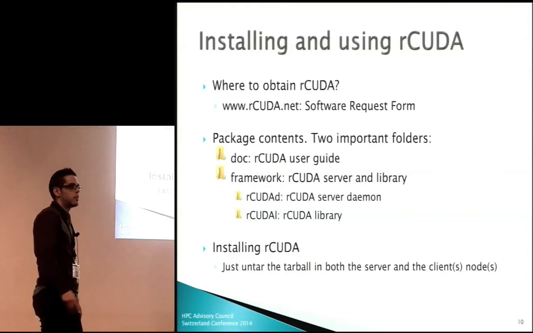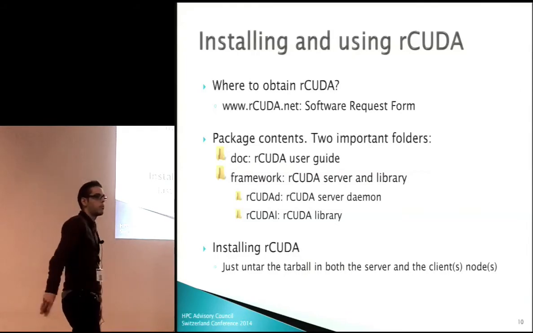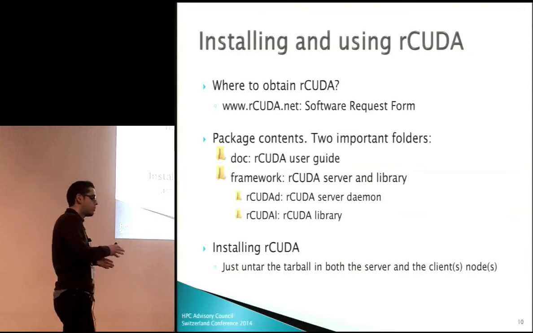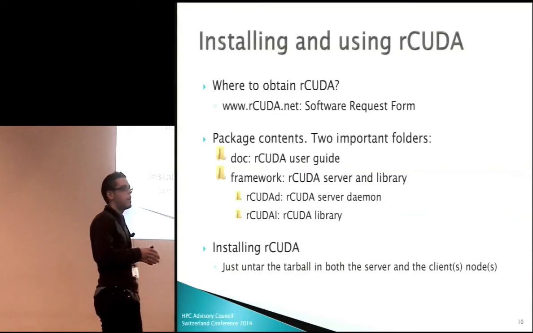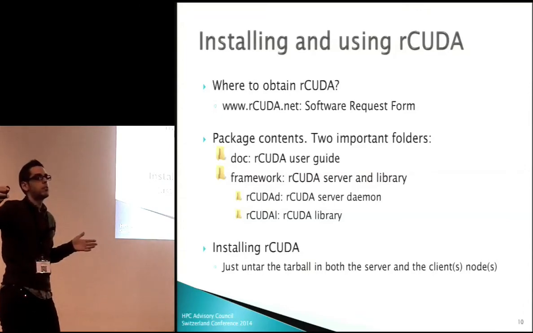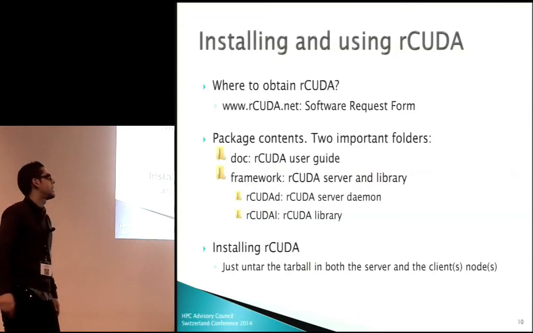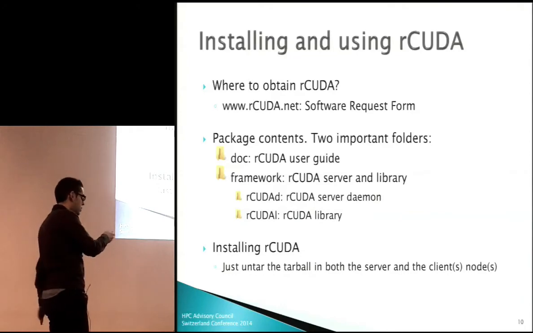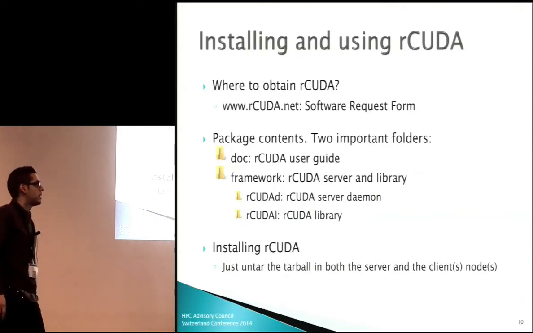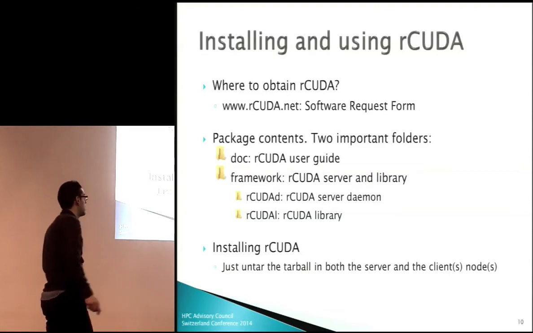One is just documentation, similar to the information we're giving here, and the other one is the framework folder, which contains the rCUDA libraries, which will substitute the CUDA libraries on the client side, and also the rCUDA server, which will be running on the server side, only on the physical GPU. To install, we just uncompress the tarball on both the server and the client nodes, and that's all.